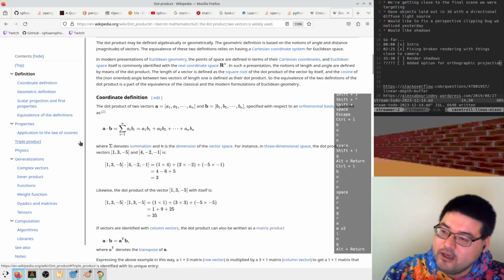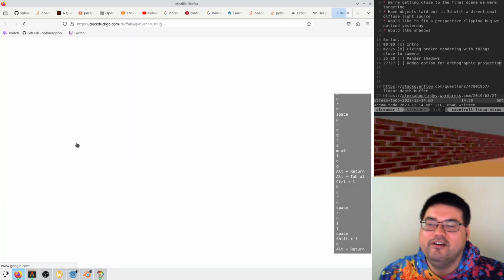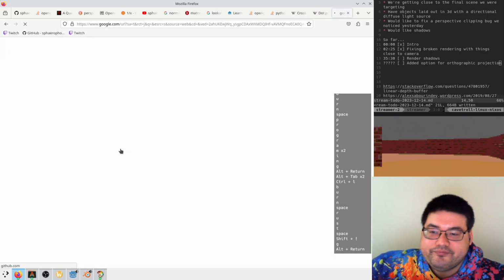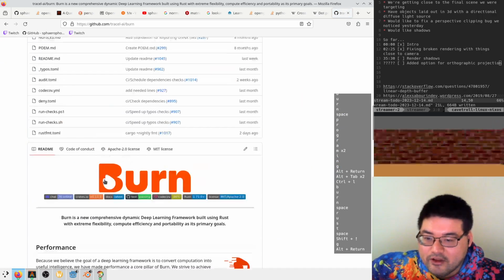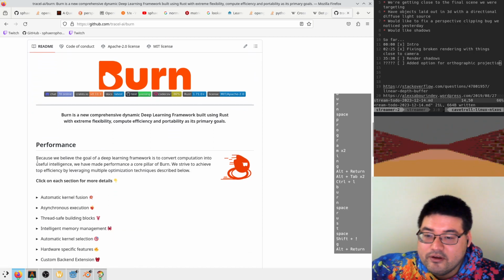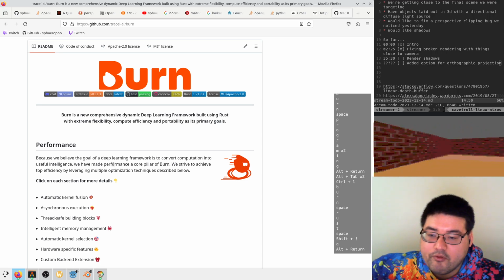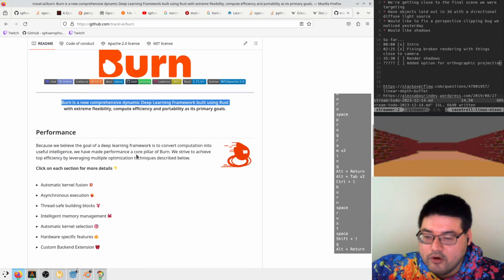Well, maybe if you burn Rust. What is this? Wow, look at that. It's got a little flame in it. Do you think it's fast? Goal of a deep learning framework is to convert computation to useful intelligence. We made performance a core pillar of Burn. But what is it? It's a new deep learning framework.